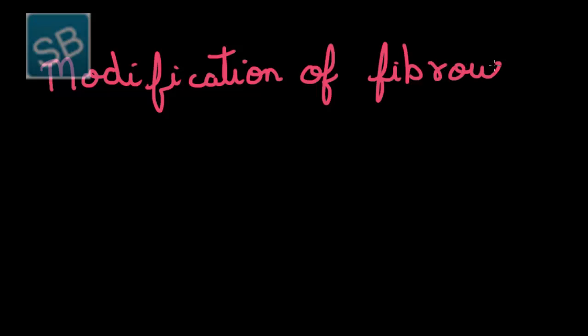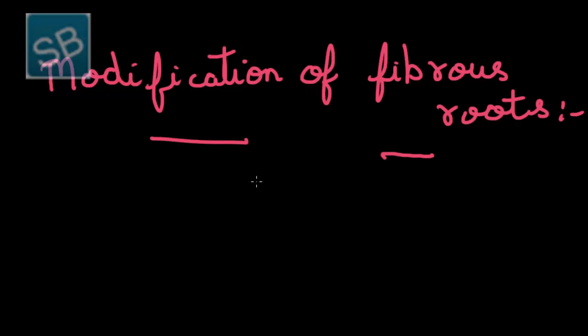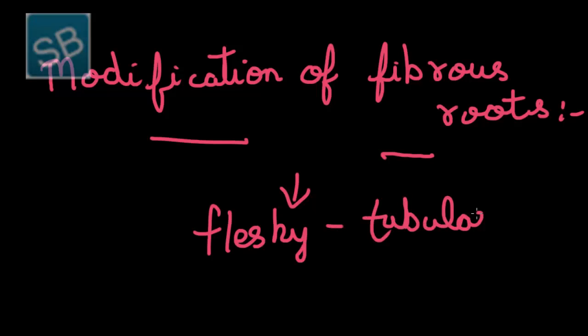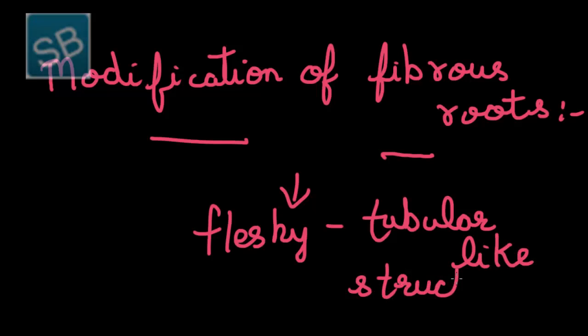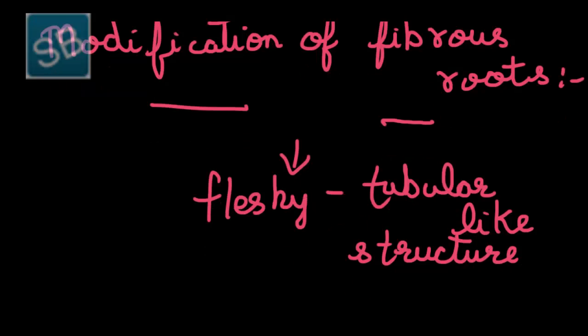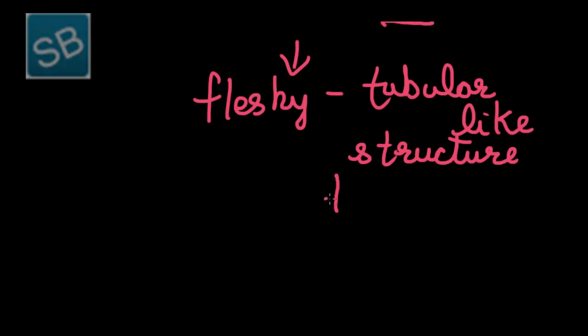Now let us study the modification of another type of root system, that is adventitious or fibrous roots. Here, the fibrous root that stores food becomes fleshy and a tuber-like structure is formed, and so such a root is known as tuberous root.